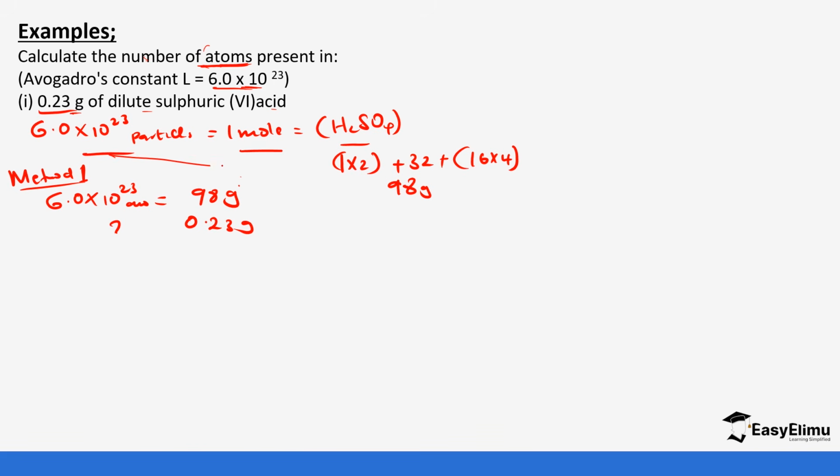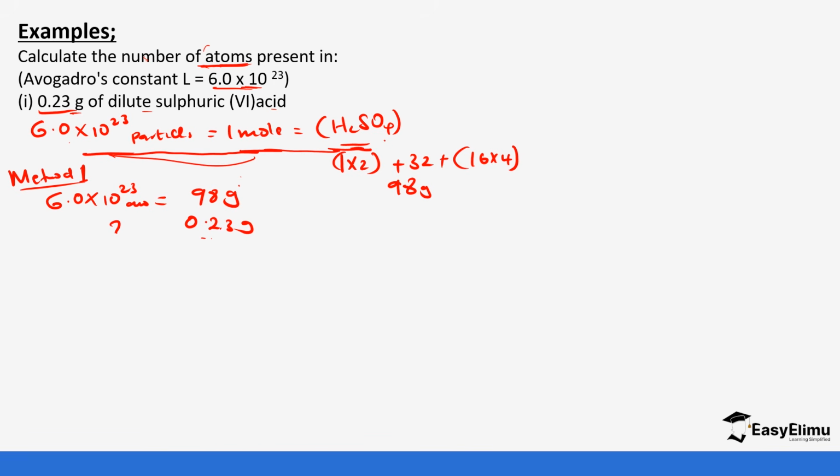So we have used this relationship between the particles, moles, and molecular mass. In this case, we cannot use moles yet. We have not been given moles, we have been given mass. So we relate the particles to the molecular mass. We said 6.0 times 10^23 atoms are equal to 98 grams. What about 0.23?